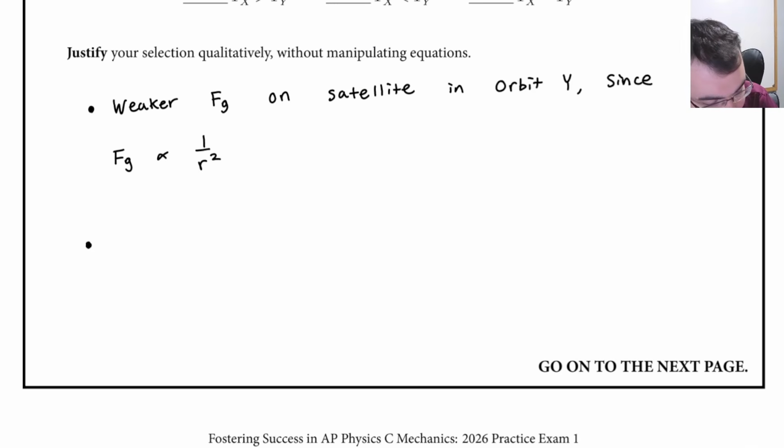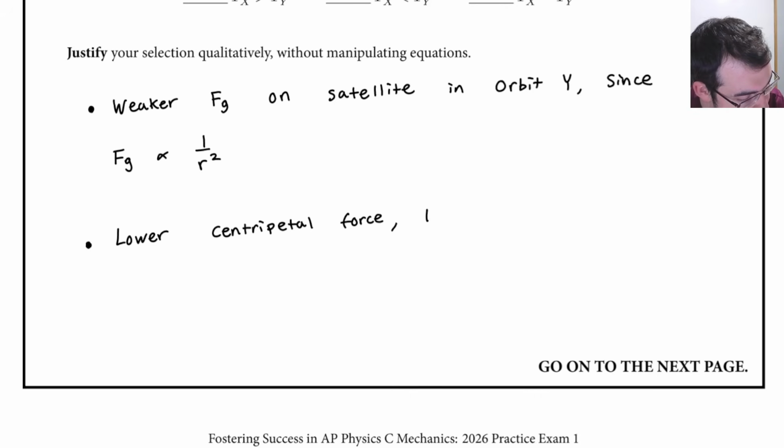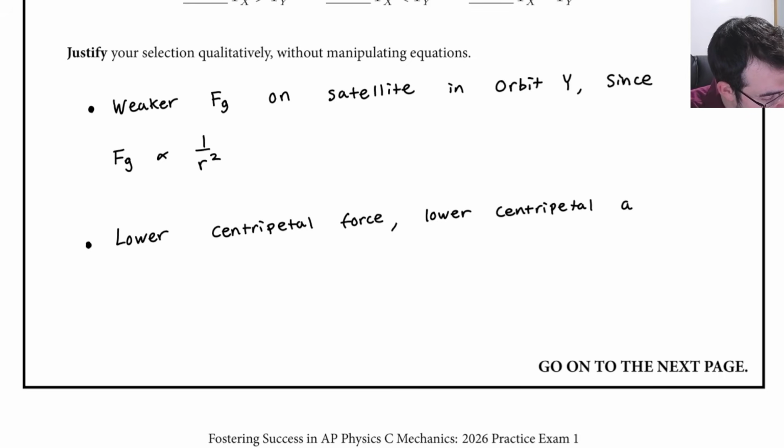So this means we have a lower centripetal force, so there is a lower centripetal acceleration, because F equals ma. If we have a lower force acting on the satellite in orbit Y, we must have a lower acceleration.